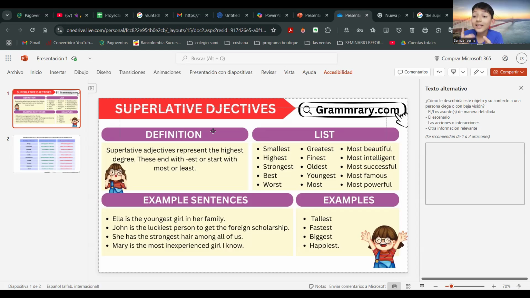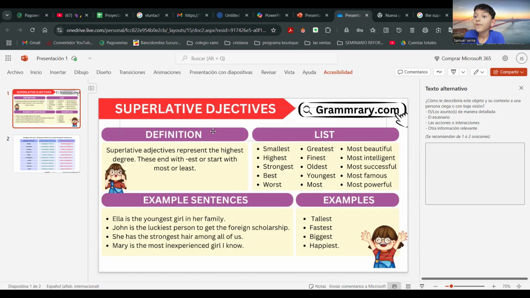I say he is the tallest. I need to use the. The tallest. I don't say he is tallest. This is incorrect.